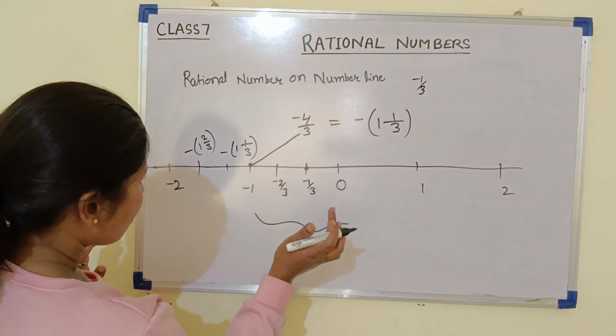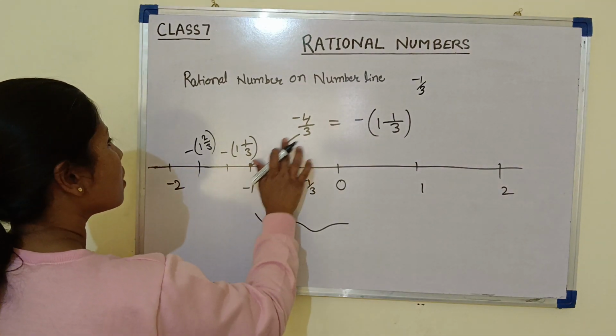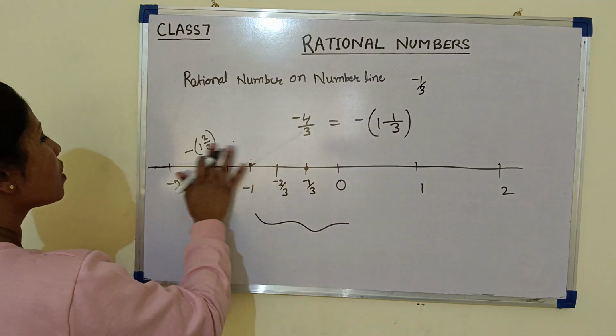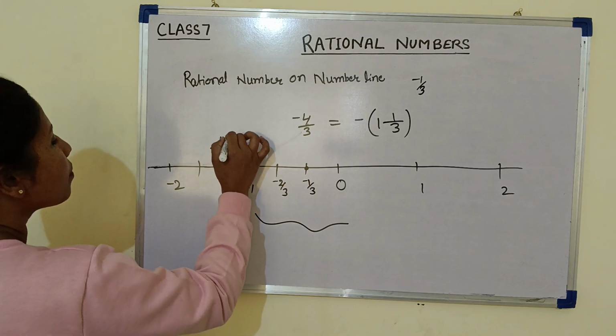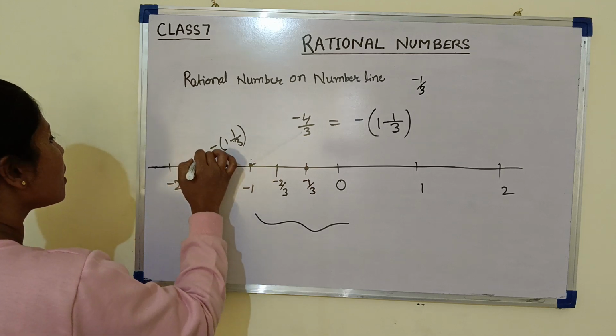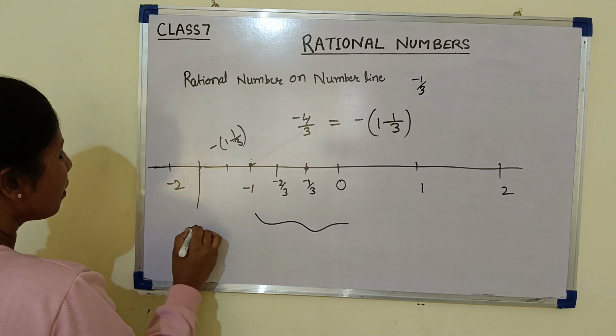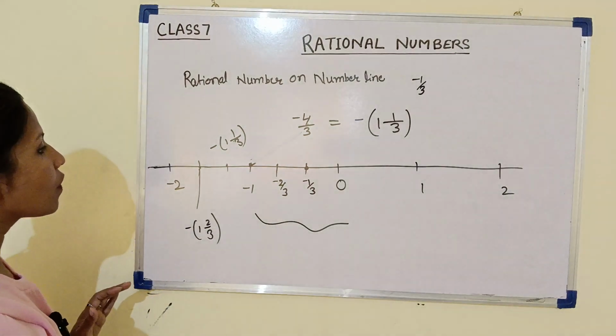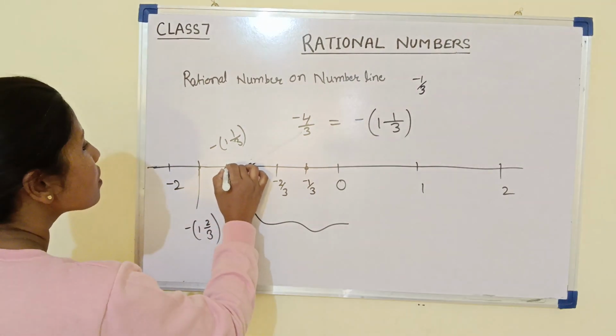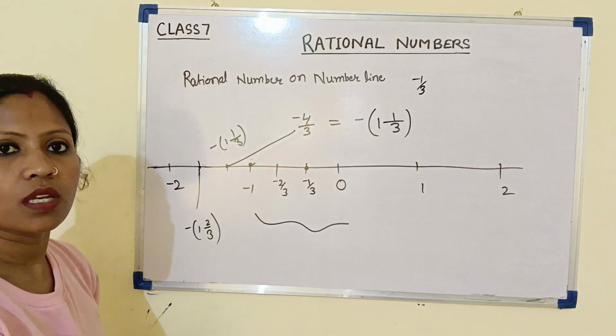Sorry. Minus 1 by 3. This will be minus of 1 by 3 and this point will be minus of 1 and 2 by 3. Okay. So this point will represent minus 4 by 3.